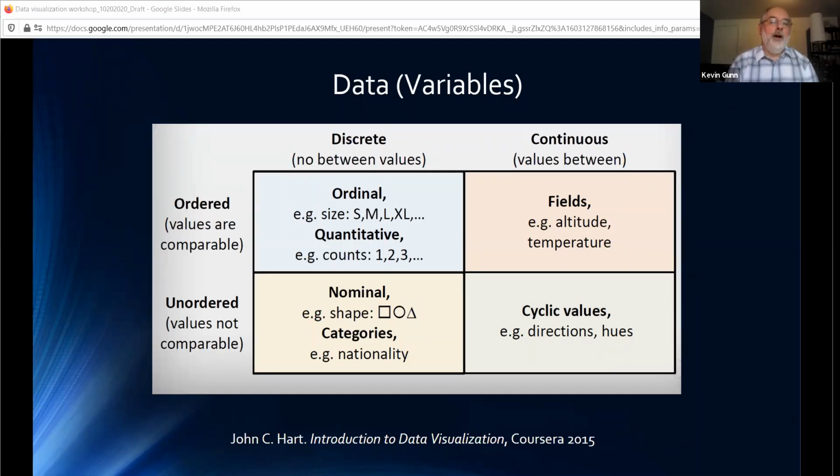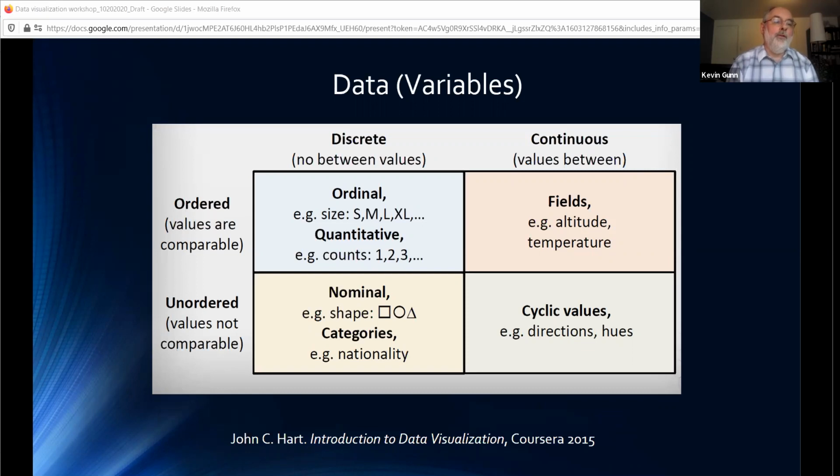Okay, so looking at your variables, your data, you can organize it through this nice chart, which is helpful in looking at your discrete data, your continuous data, and then looking at it from an ordered point of view or an unordered point of view. So you begin to see how this can be organized.